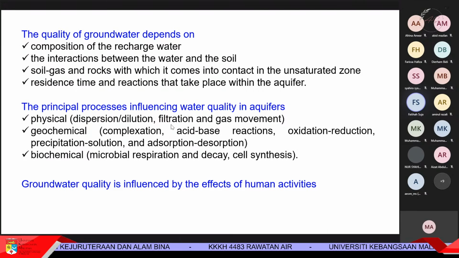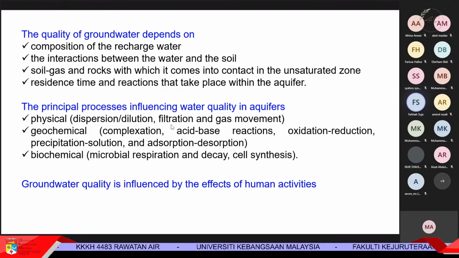Geochemical: complexation, acid-base reaction, oxidation reduction, precipitation, solution, and adsorption desorption. I think you have come across these terms when you did wastewater treatment, so we will once again have these processes in the water treatment. And also biochemical, if you have microbial respiration and decay, and also cell synthesis. So these are the principal processes influencing water quality in aquifers.